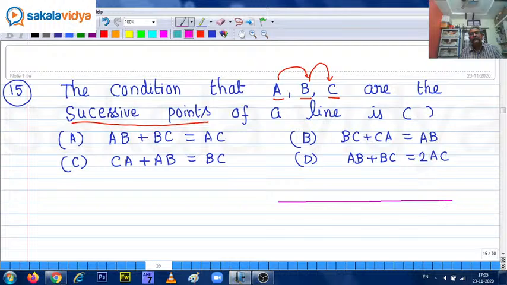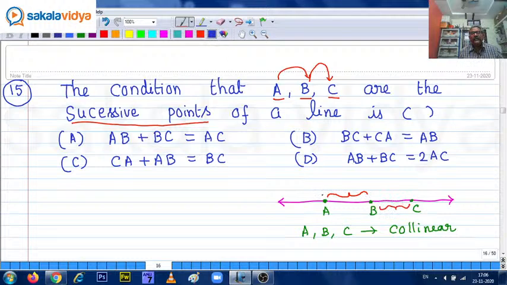It's a line on which the 3 points are located successively. That means we say A, B, C are collinear. Collinear means they lie on the same line.